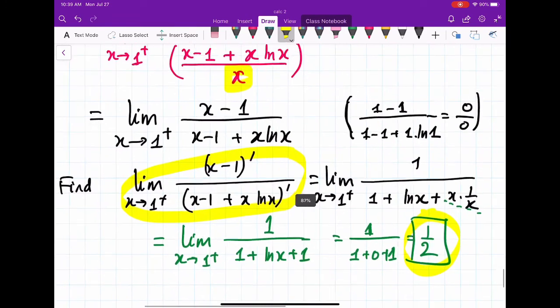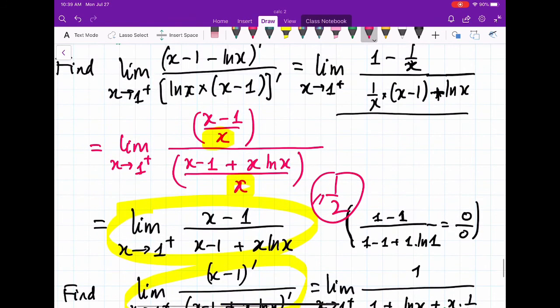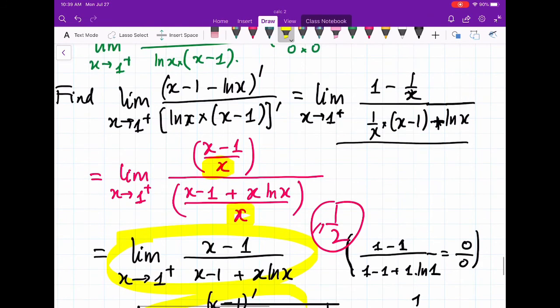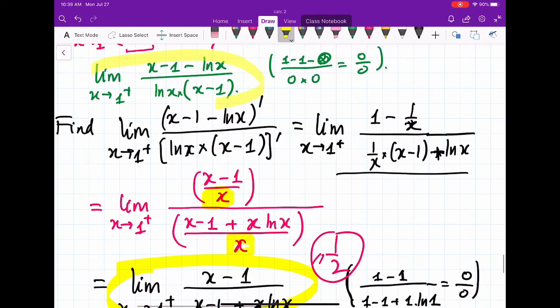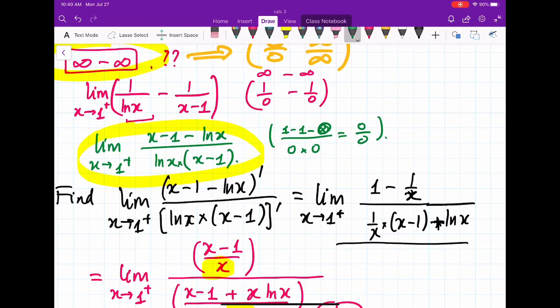By the L'Hopital rule, the limit of this guy is also 1/2, right? And if the limit of this guy is 1/2 by the L'Hopital rule, the limit of this guy is 1/2, right? So the original limit is 1/2.